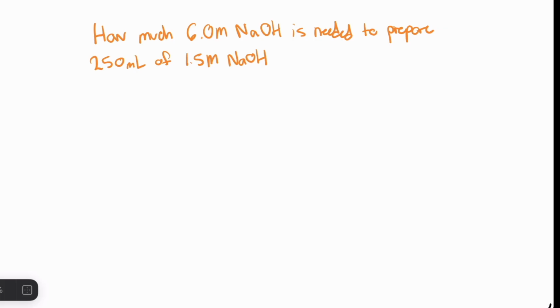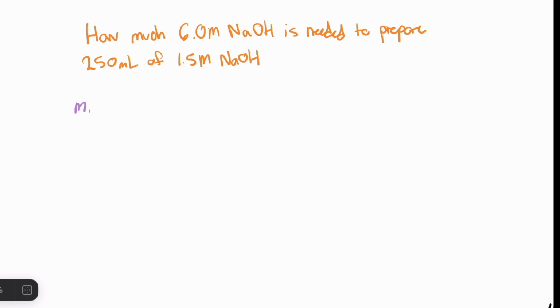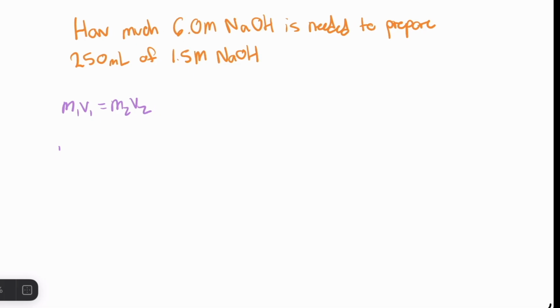So again, our equation here is M1V1 equals M2V2. And if we look back at the problem, how much 6 molar NaOH, so we can say that is going to be our initial molarity. So M1 is 6 molar, is needed to prepare 250 milliliters of 1.5 molar.